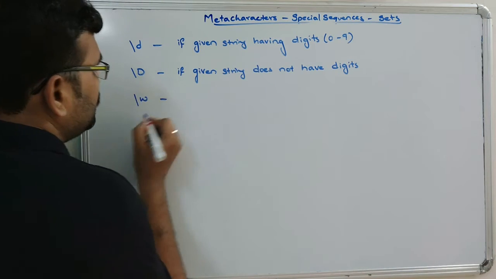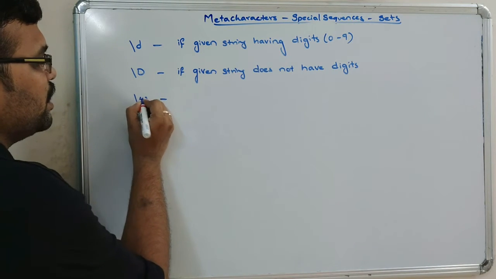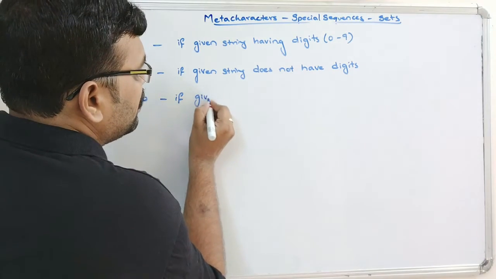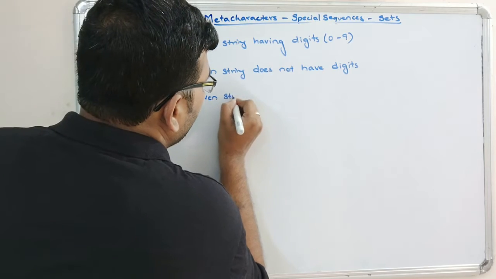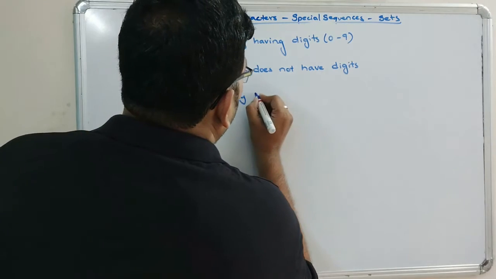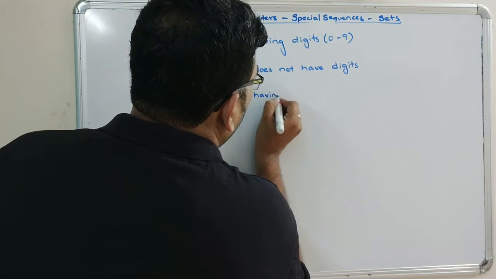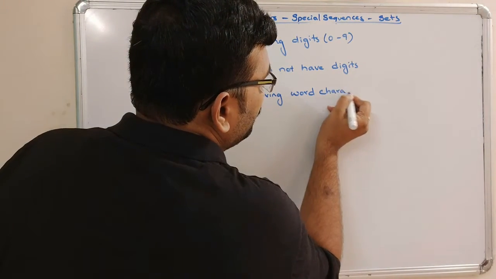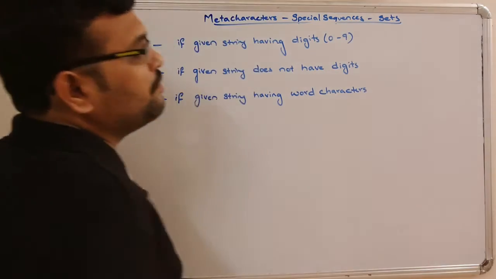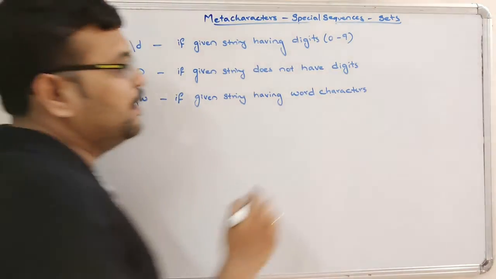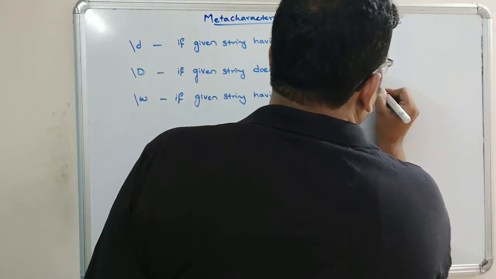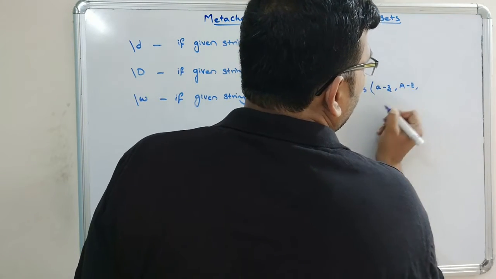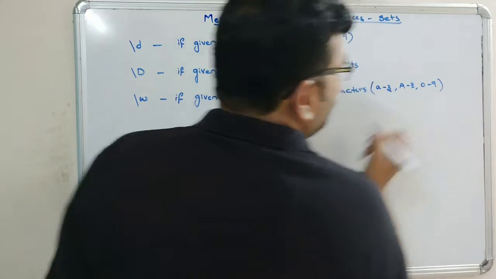Next, \w, lowercase. It will return a match if the given string has word characters. Word characters come under small a to small z, capital A to capital Z, and 0 to 9.